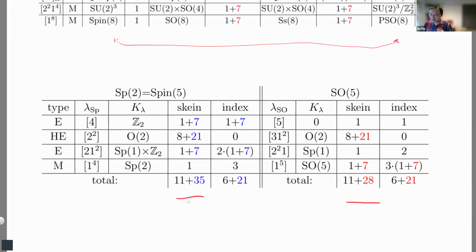It only holds if one also adds t operators. So in particular, this mismatch can be explained by adding so-called tooth operators.